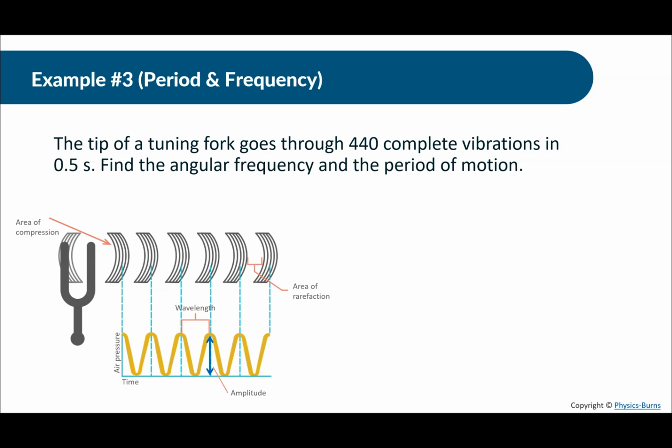Okay. So this is a little bit interesting. We know in 0.5 seconds, it's going to complete 440 complete vibrations. So we want to know how long it is going to take to make one complete motion. So now I could do T is equal to 0.5 divided by 440.